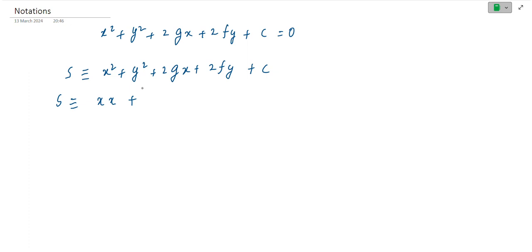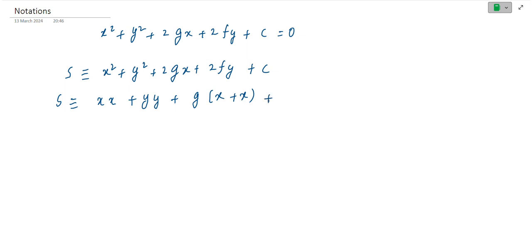Now y square, I'm writing it as y into y, plus 2g times of x can be written as g times of x plus x. If we observe, x plus x is 2x, so 2x times of g, that is 2gx. That is the same as above. So whether I write 2gx or g times of x plus x, it will be the same.